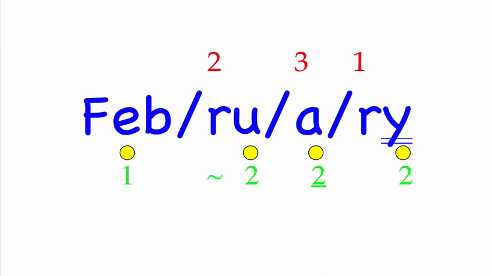Re, two sounds, r, e. Mark the word. Notice under the R we have a wave sign. The wave sign indicates a letter is silent, and the R is silent in pronouncing this word.